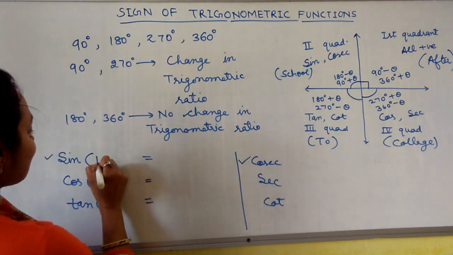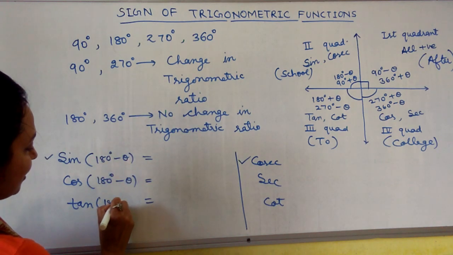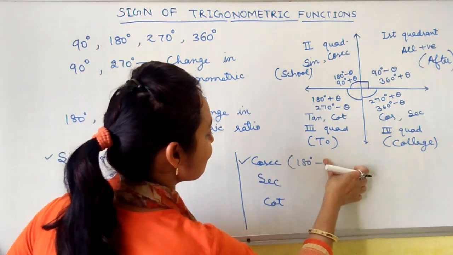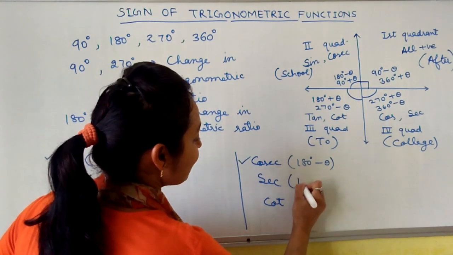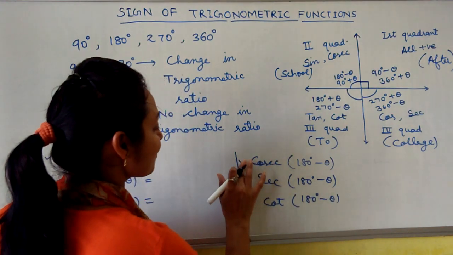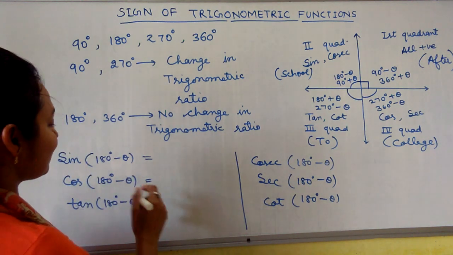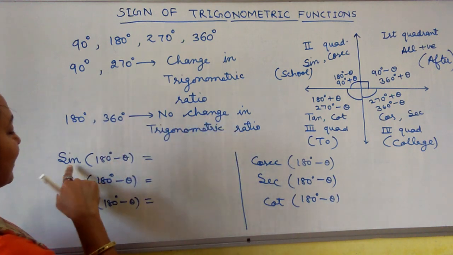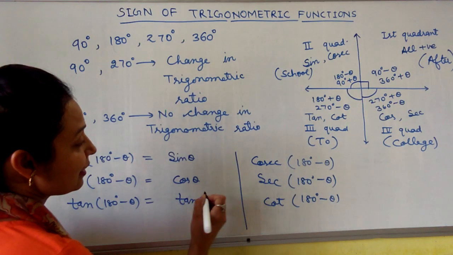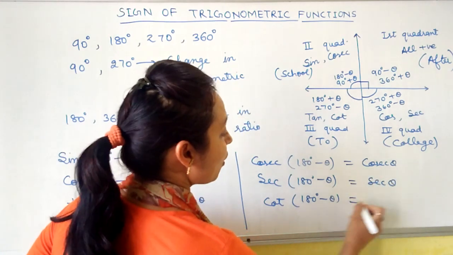Come to 180 minus theta. I will consider this is again the second quadrant, but at 180 there is no change in trigonometric ratio, that means sine remains as sine, cos as cos, tan as tan, cosecant as cosecant, secant as secant, and cot as cot.